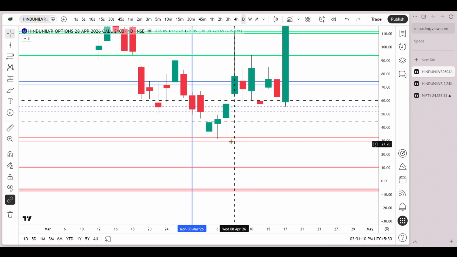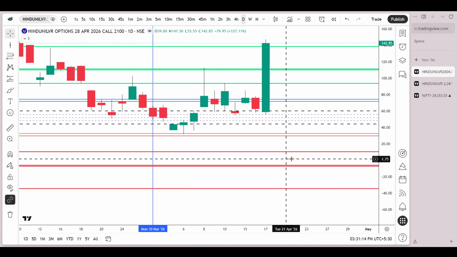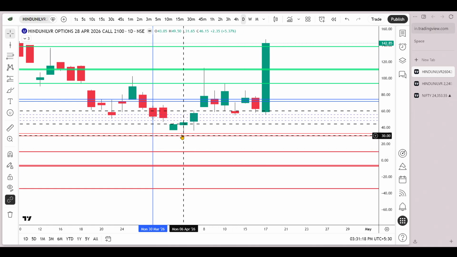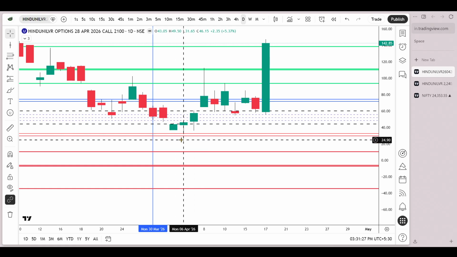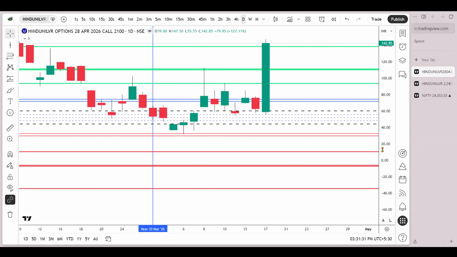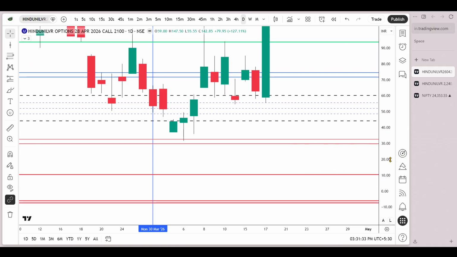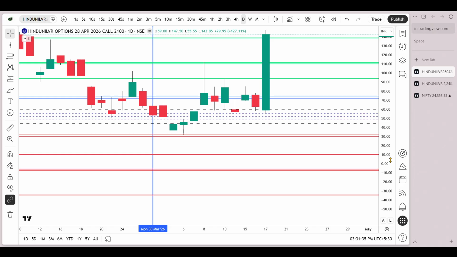Now for taking entry, we already observed that this is the major support. In previous videos I already discussed with you this major support, which I told you is for intraday.